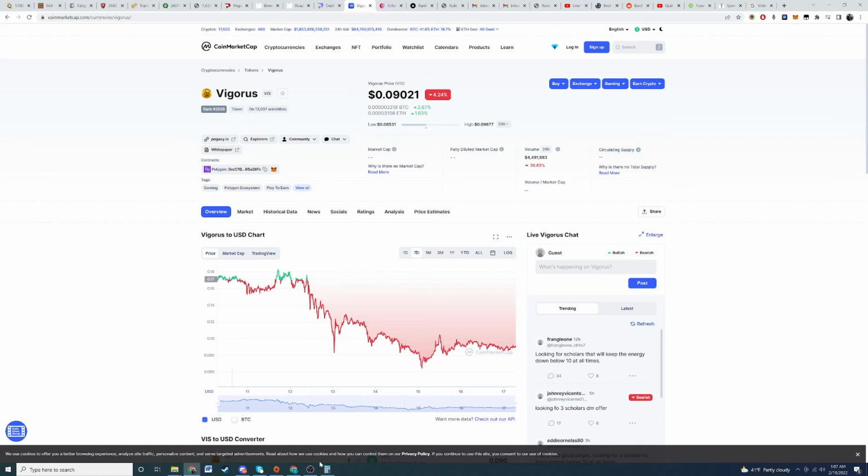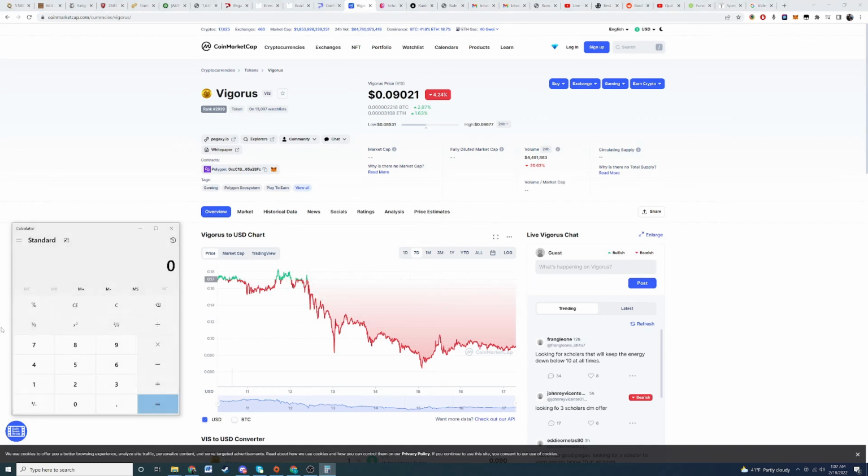If we go back to market price, I am earning almost $200 a day in VIS if I were to just pull it all out and constantly sell it for US dollar token and then convert the US dollar token into actual US dollars. So that's pretty good earnings potential. $200 a day over a year is $73,000 a year.